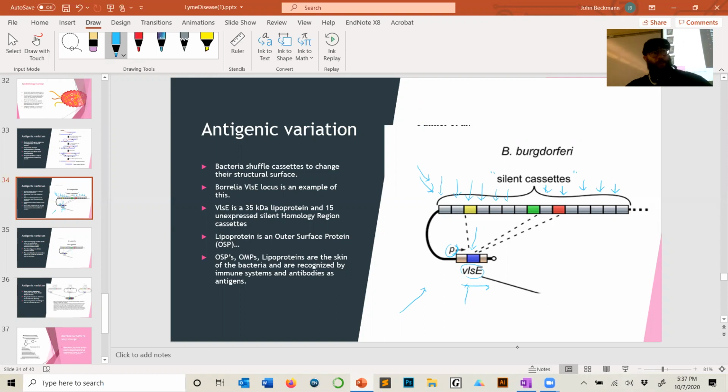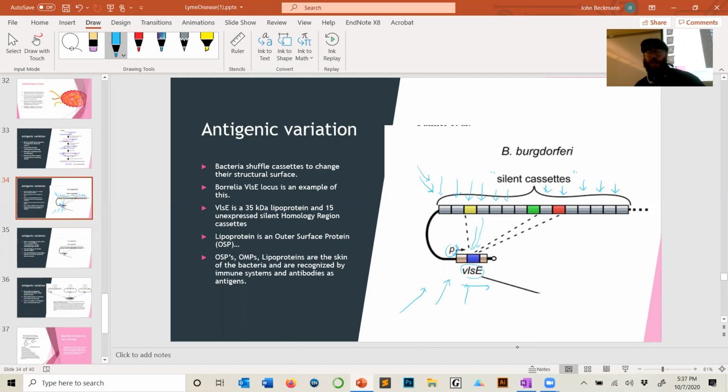Then when selective pressure tells the Borrelia, we need to change this outer membrane protein, a recombination might happen, and all of a sudden you've got some completely new sequence that's been totally mutated, inserted into this outer membrane protein. Now the outer membrane protein is completely different.